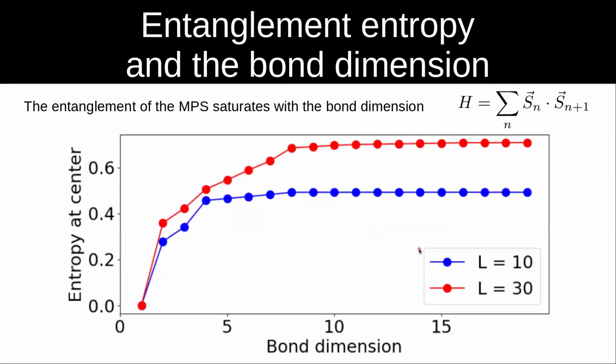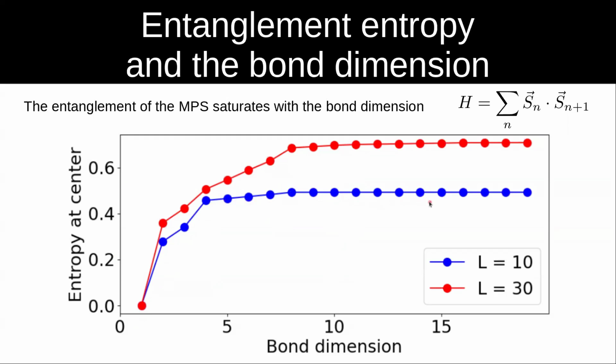You can actually look at this systematically by taking the same Heisenberg model and looking at how the entanglement entropy at the center of the system evolves with the bond dimension. So if you first take a relatively small system with 10 spins, what you actually see is that the entanglement entropy at the center grows very quickly and then stays stationary. So you keep increasing the bond dimension, and the entanglement entropy at the center roughly remains constant.